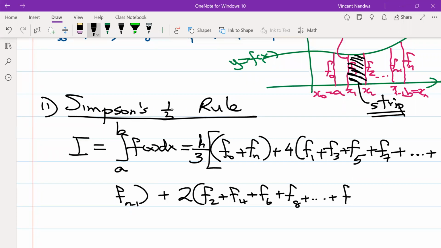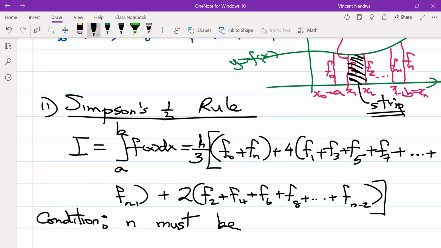The last one should be f n minus 2, and the condition to apply this is that n must be an even number.